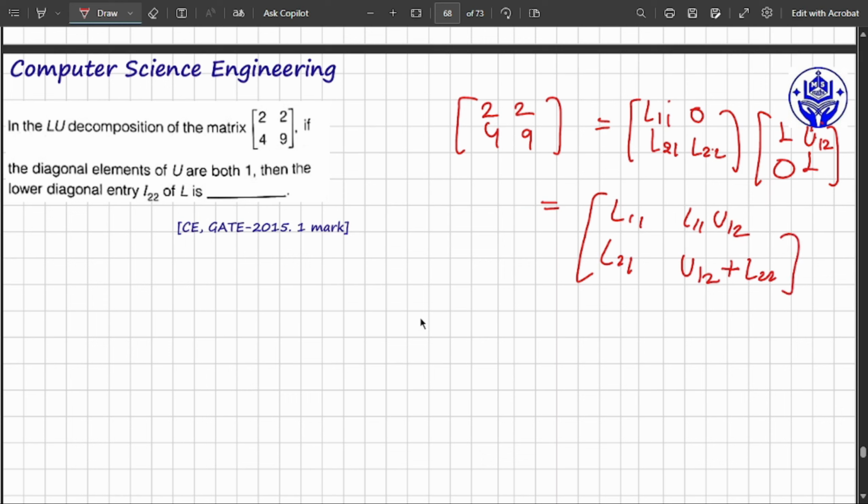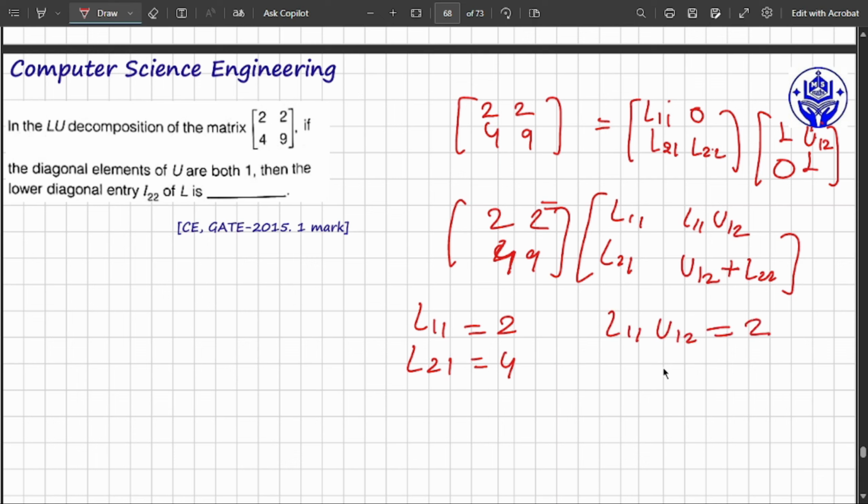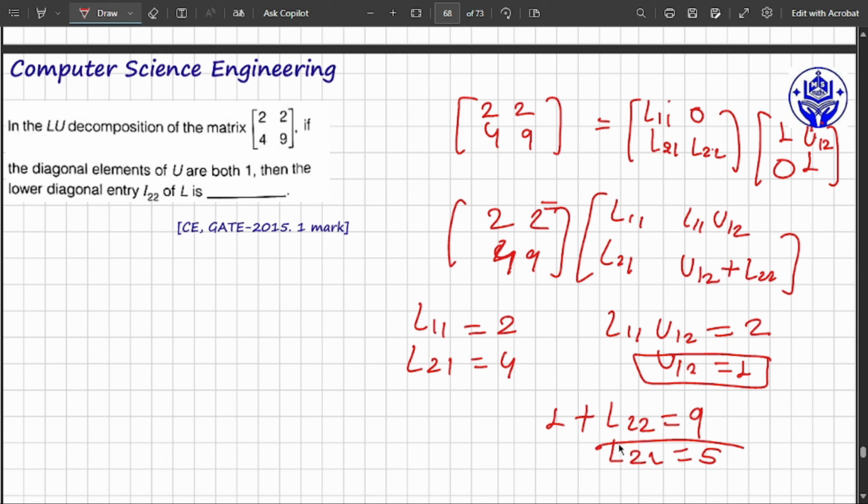Now on comparing, L11 is equal to 2, L21 is equal to 4. Then L11 U12 is equal to 2 and L11 is 2, so U12 is 1. If U12 is 1, then 1 plus L22 is equal to 9. So L22 is equal to, wait.